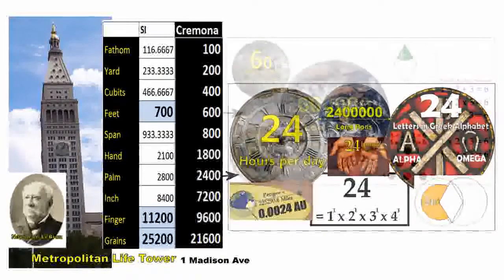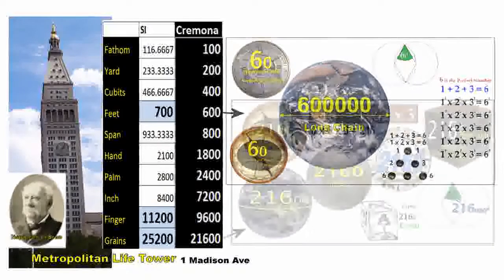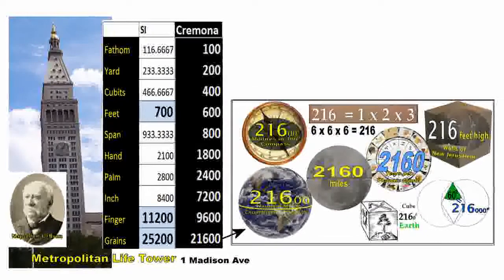But for instance, Metropolitan Life Tower has the same method going on, where you have these same lovely numbers which are joined through the Hermetic code, through the Quadrivium: Astronomy, Music, Arithmetic, and Geometry. For instance, 21,600 Cremona grain.